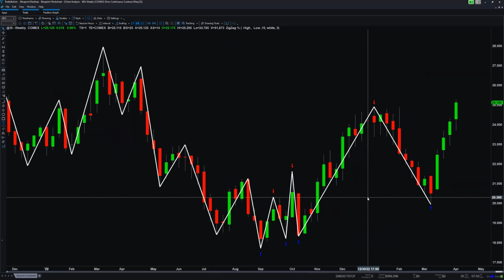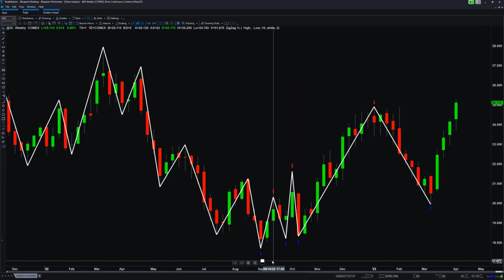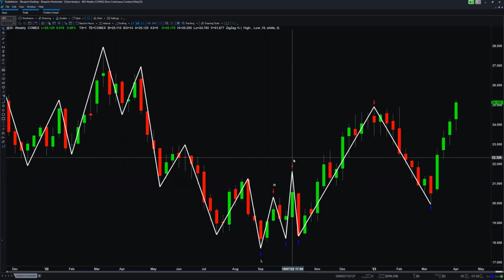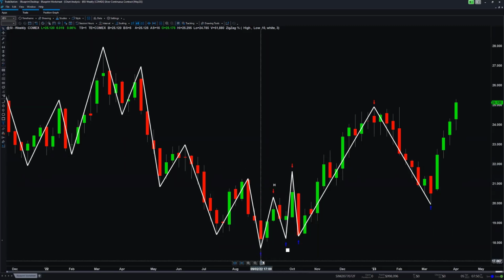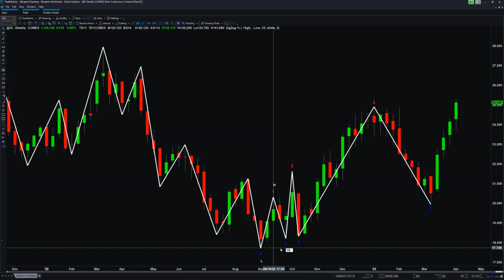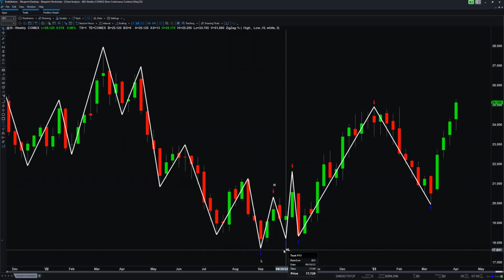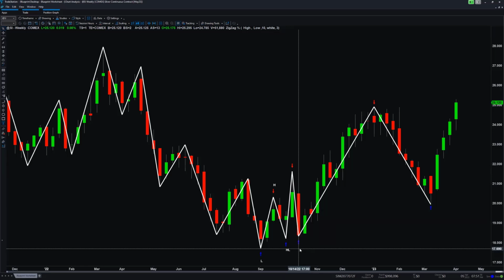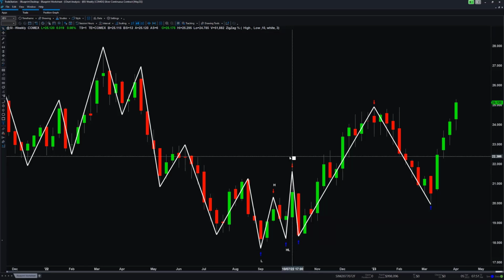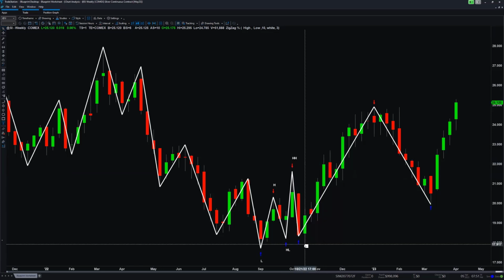And now from left to right, I could give them names, starting with here. This is my low. This is my high. This is higher than the prior low, so I have a higher low. Now I have a higher high. Now I have a higher low.